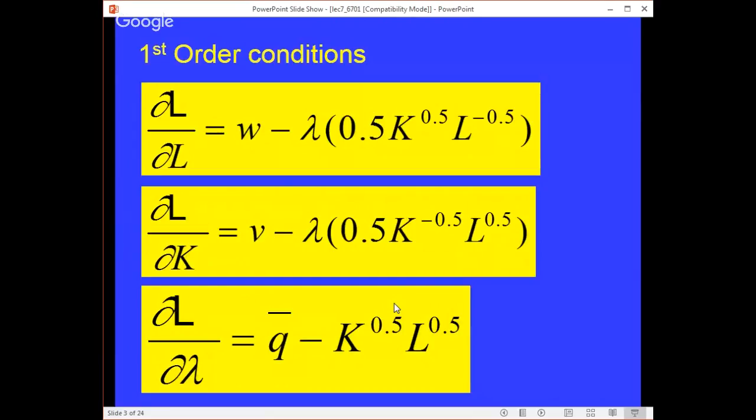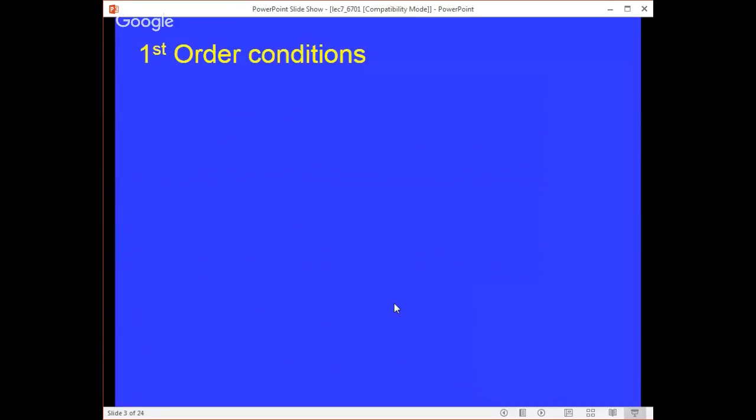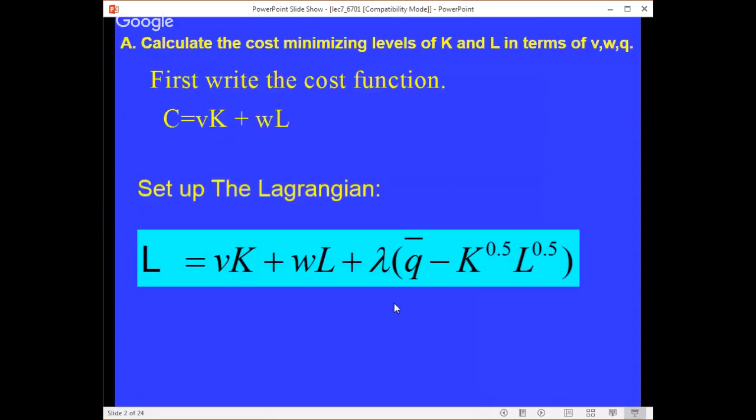And do the same thing for K, and we end up with V, of course. The WL doesn't have K in it, so that's 0. Lambda 0.5, K to the negative 0.5, L to the 0.5. And then finally, the Lagrangian with respect to lambda, which is just what's left inside the constraint, which is just this part right here.